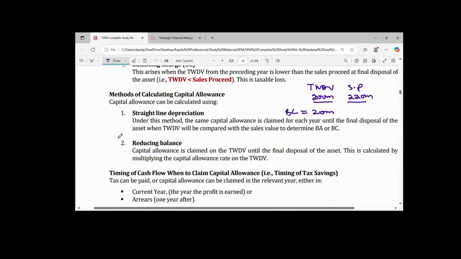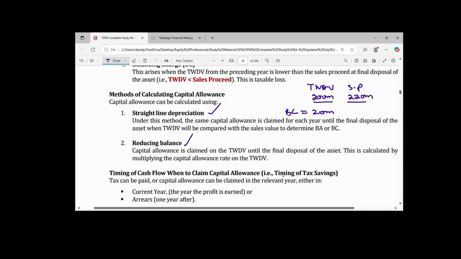Then let's talk about methods of calculating capital allowance. Basically, there are two methods of determining capital allowance for the purpose of determining financial viability of a project. So we have the straight line depreciation method. We also have the reducing balance method. For the straight line depreciation method, it's the same amount that you are going to have every year, the same annual allowance you are going to claim every year until the final disposal of the asset, where you are going to compare the sales proceeds with the tax written down value.